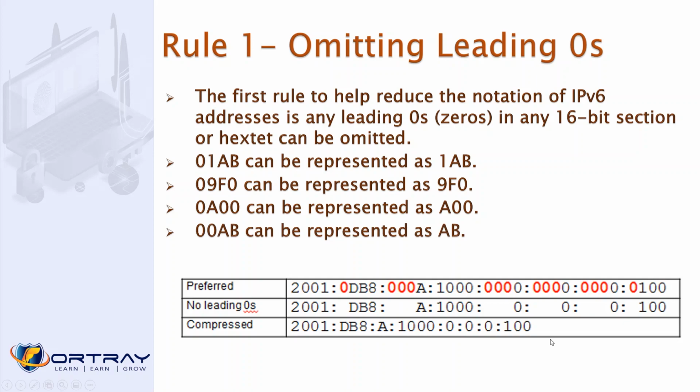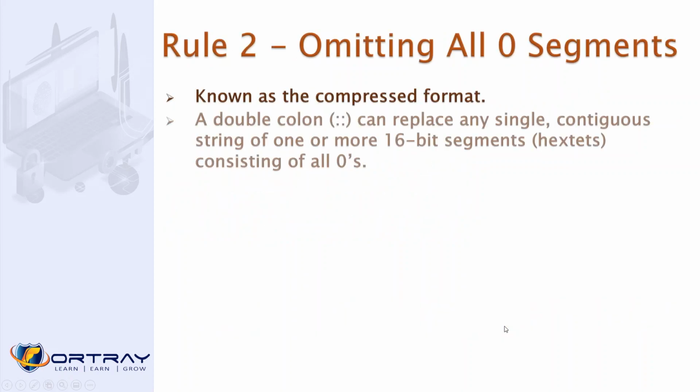For example, here is 2001:0DB8:0010:0000... so here you can see there are no leading 0s: 2001, remove the 0s, 00A0, and all 0000 segments are represented as 0 as well. So effectively we can compress them into this format. Omitting all 0 segments is known as the compressed format.